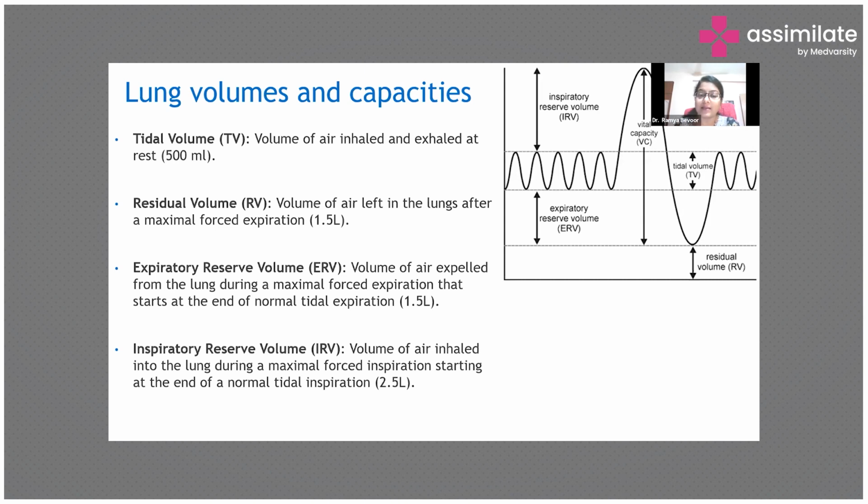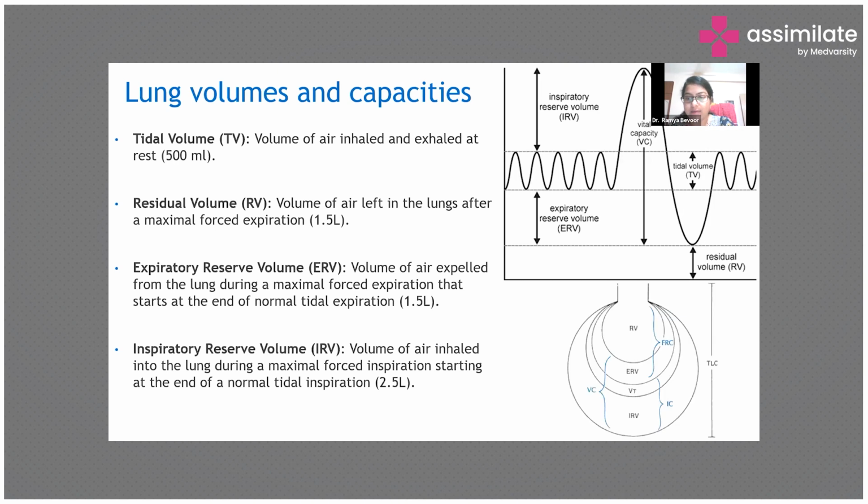And beyond the tidal respiration, whatever air we inhale during a maximum forced inspiration starting at the end of a normal tidal inspiration, that is the inspiratory reserve volume. So we have the IRV and the ERV. If you look at the diagram, this is what it probably looks like. And all of these things together are known as the total lung capacity. I will be talking about that as well.